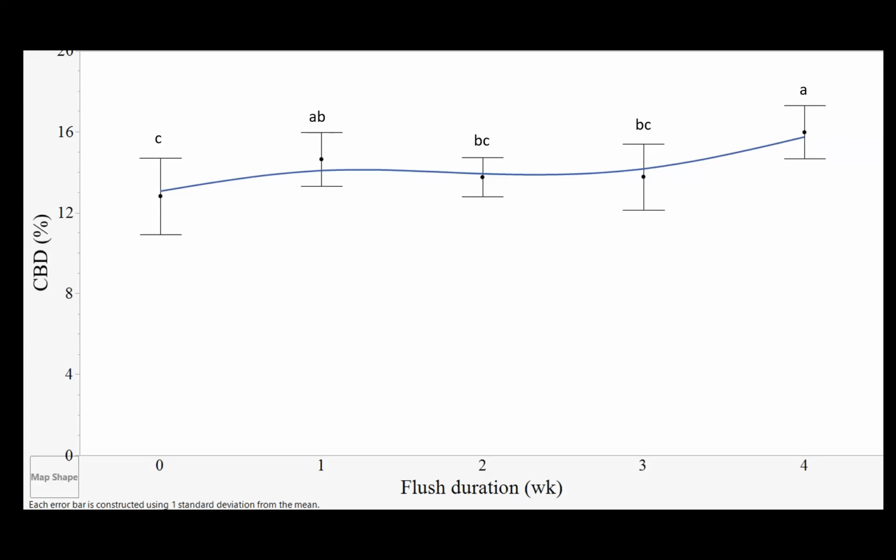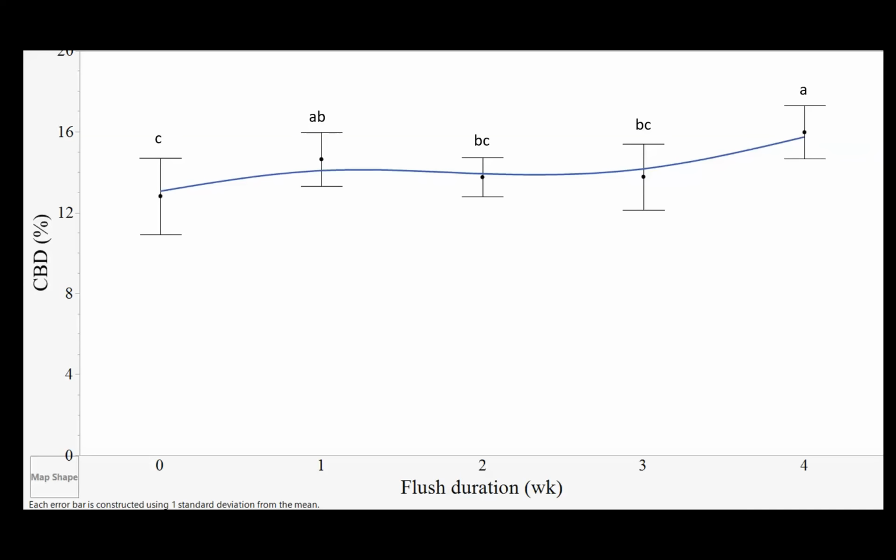So yield and quality are often inversely related. If we have a lower yield, we end up with a higher quality product. And that's kind of what we see here. We end up with a higher CBD. A trend is upward in terms of the cannabinoid concentration with the flushing duration, because we are impacting the size of those buds, and therefore we're concentrating the cannabinoids more.